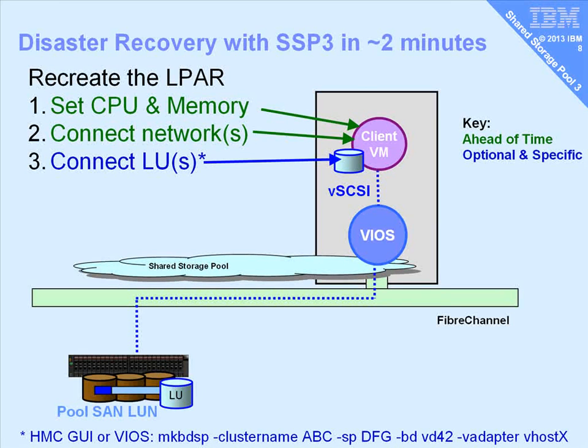Or we can log onto the VIO server and use the mkbdsp command, make backend device from storage pool, as you can see at the bottom. Cluster name and SP storage pool name will be the same every time. The BD option is the name of the logical unit, and the vAdapter, of course, is the VIO server end of the virtual SCSI connection to the client. And we'll have to run that command several times, once for each of the disks.